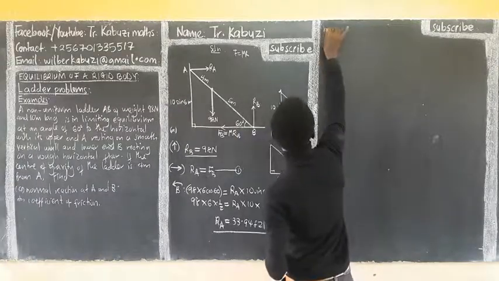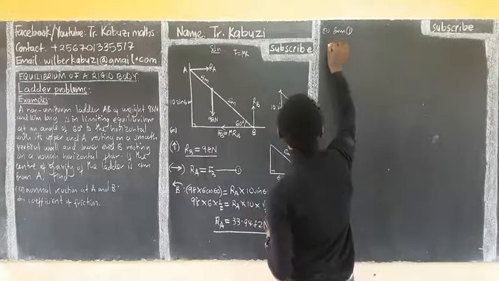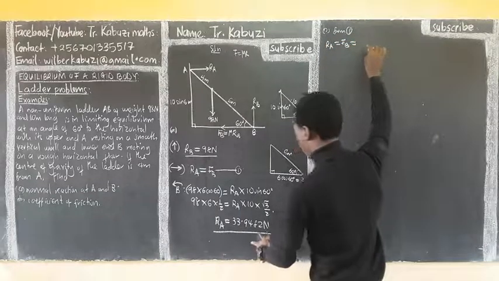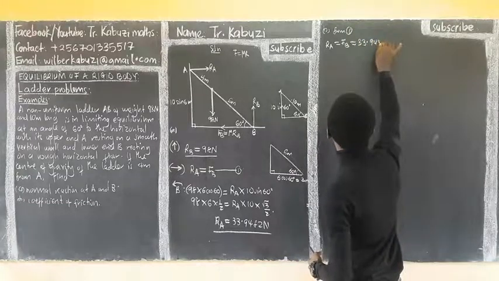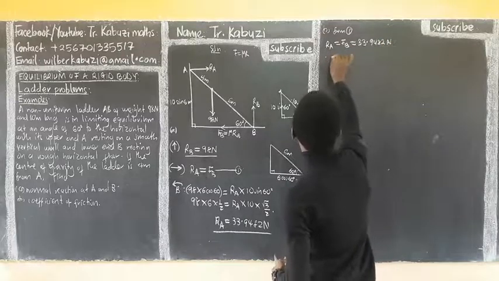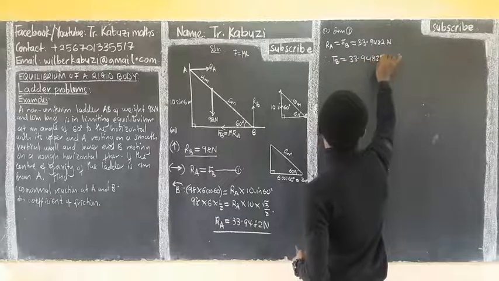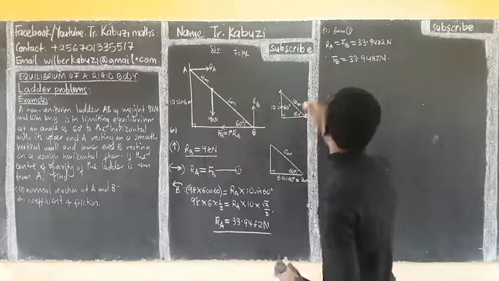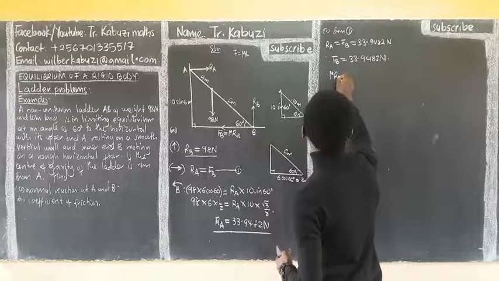I want to get the coefficient of friction. From equation 1, we say that RA is equal to FB, which is going to be equal to 33.9482 newtons. Therefore, our friction force at B is 33.9482 newtons. But we need the coefficient of friction, so we are going to use FB equals mu RB.